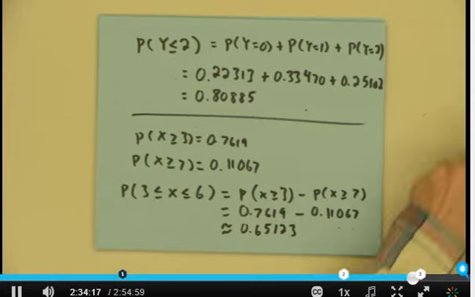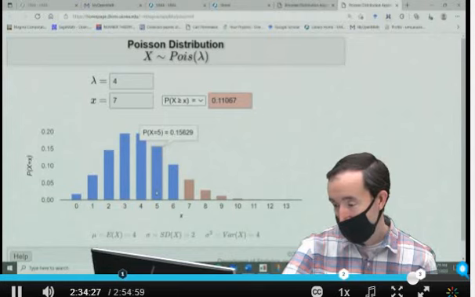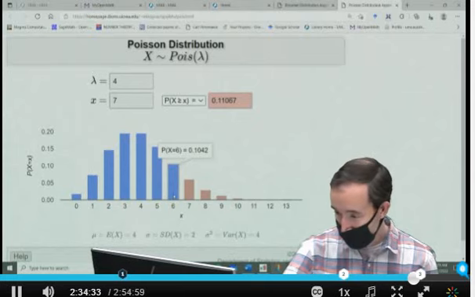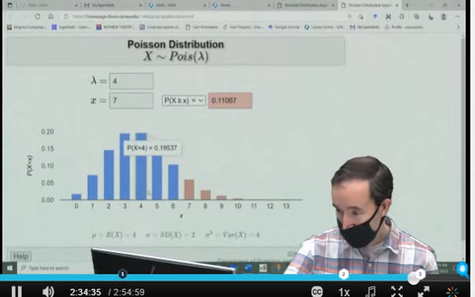Let's check and see if that lines up with what I expected here. So between 3 and 6, let's see, about 20%, 20%, 15%, that's 35, and 10%, 45%. Let's see.